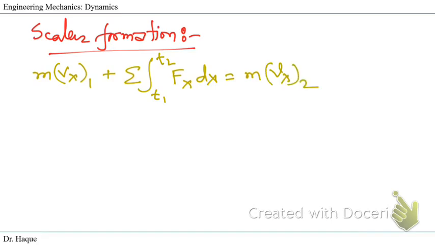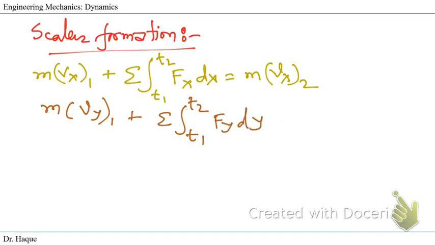So this is in the x direction, and the second equation will be m vy1 plus the integral from t1 to t2 of Fy dt, dt actually, because it's with respect to time t, not dx, equals m vy2.